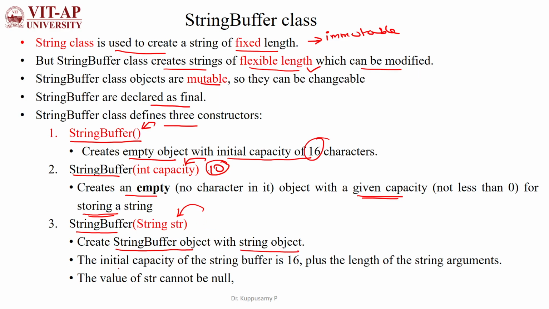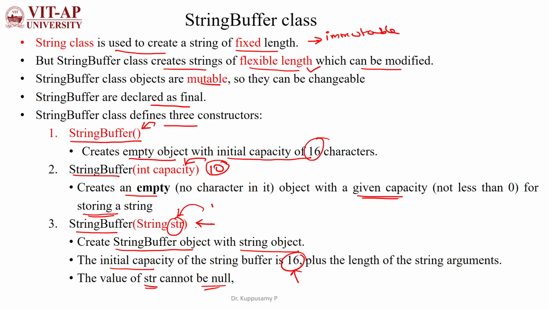The initial capacity of the StringBuffer is 16 memory locations, and the length of this string will be added to those 16 memory locations. The value of str cannot be null, so you cannot pass an empty string. We should pass the specified string as an argument to this third constructor.